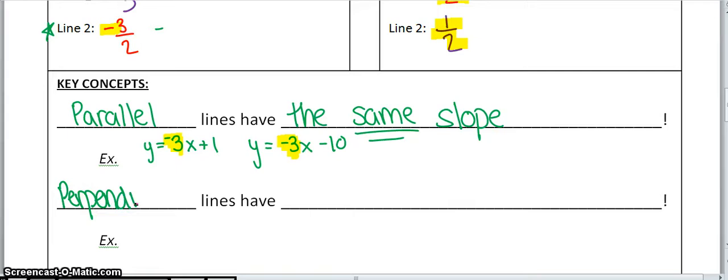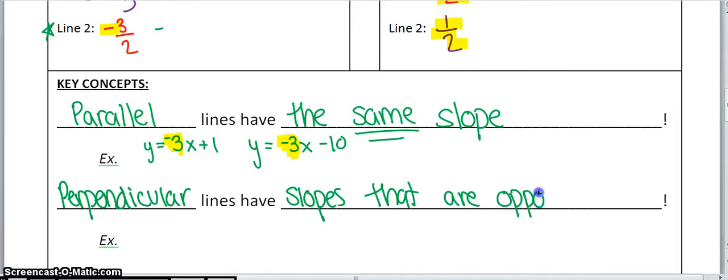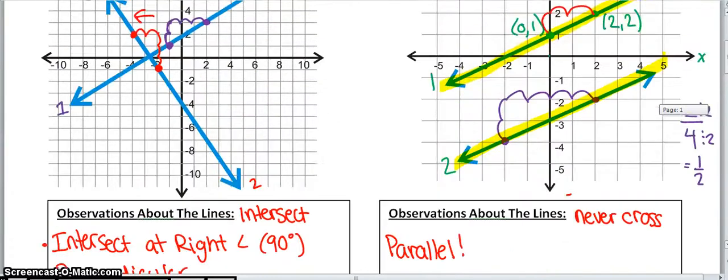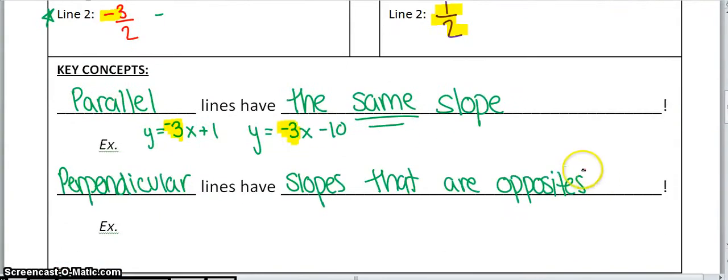Perpendicular lines have slopes that are, number 1, opposites. One has to be positive and one has to be negative. So when I say opposites, you can say opposite signs if you prefer. Be more specific: one's positive, one's negative. And they are reciprocals.